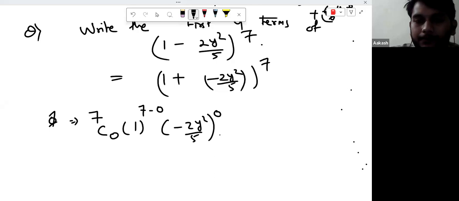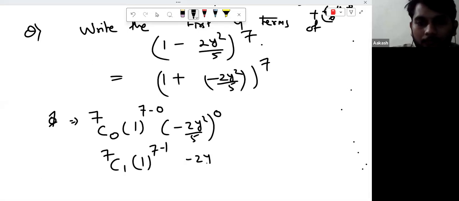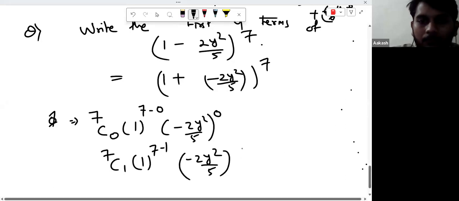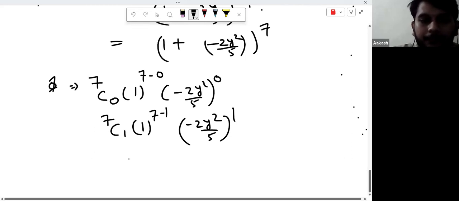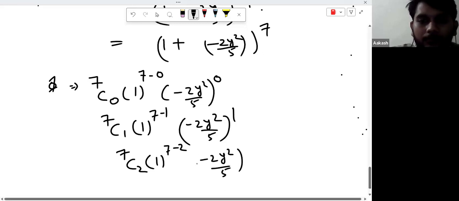Got it? Now second term, what should I write next? Sir, 7C1, 1 to the power 7 minus 1, then in bracket minus 2y square by 5, after closing the bracket, 1. Very good. Next term, 7C2, 1 to the power 7 minus 2, minus 2y square by 5 to the power 2.